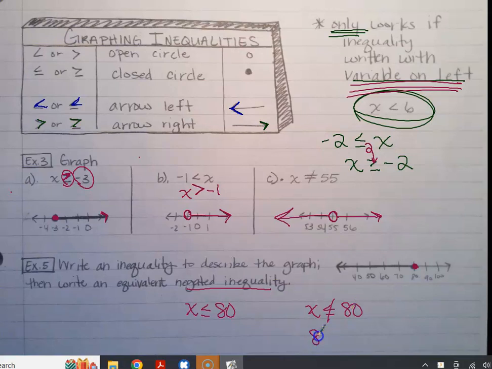So that would be x is greater than 80. So that's the negation. This is the inequality for the line, and the negated one is x is greater than 80. Perfect.